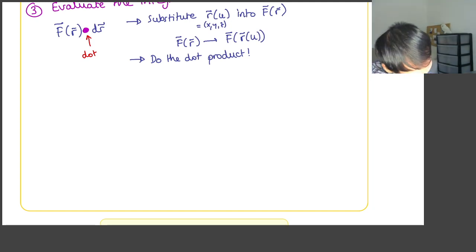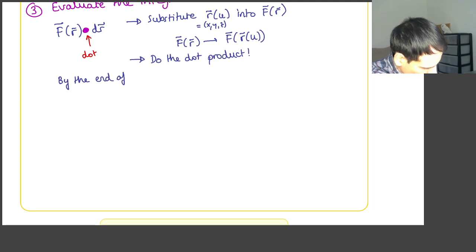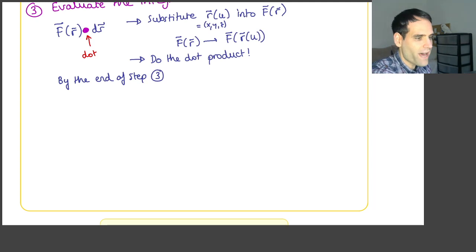By the end of step 3, the integrand should be a scalar function of u only.